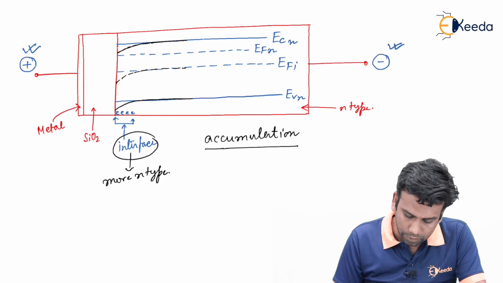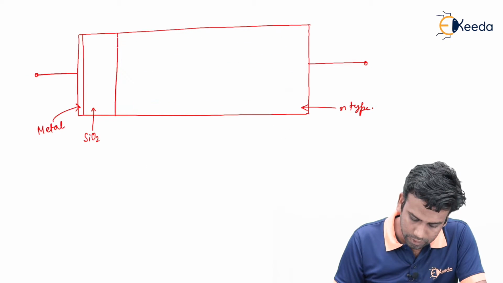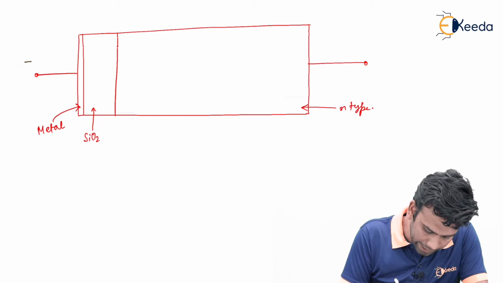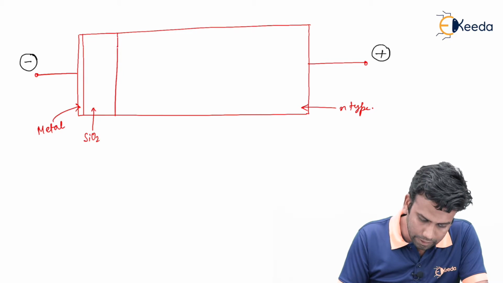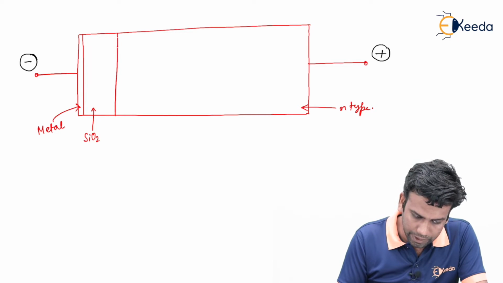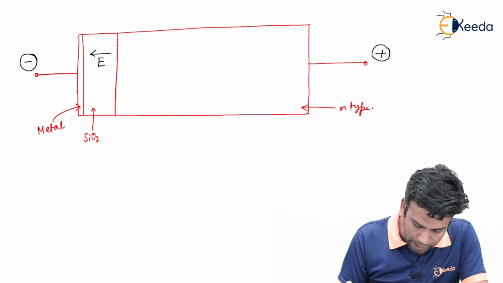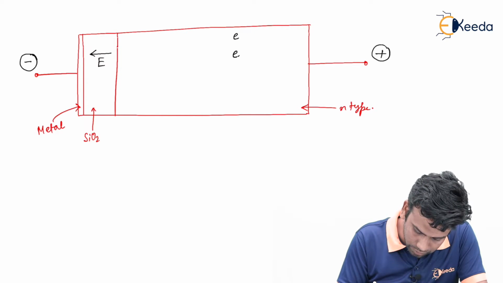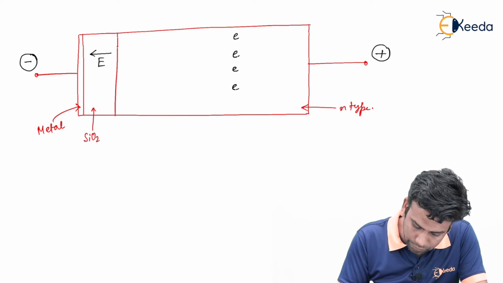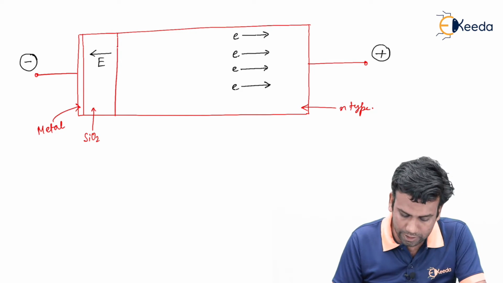Now we will reverse the voltage direction. If I apply negative potential here and positive potential here, then an electric field will be created in this direction, and due to this electric field, the electrons will move away from the interface in the opposite direction to the induced electric field.